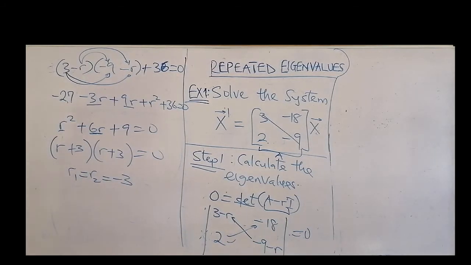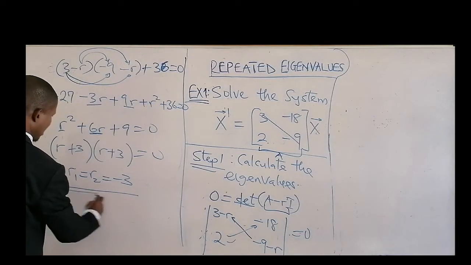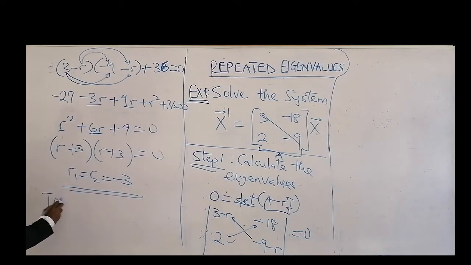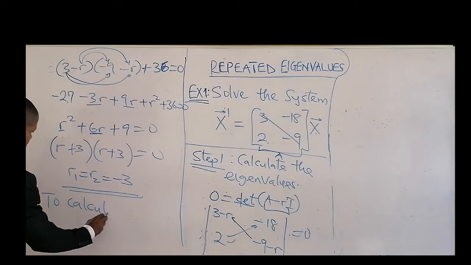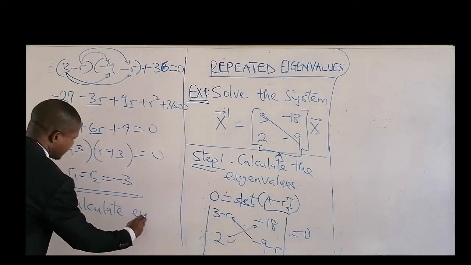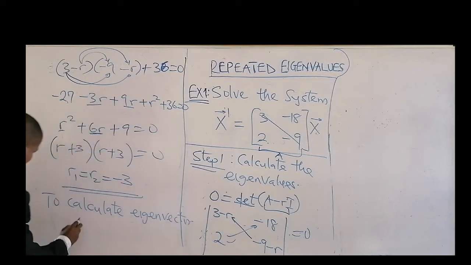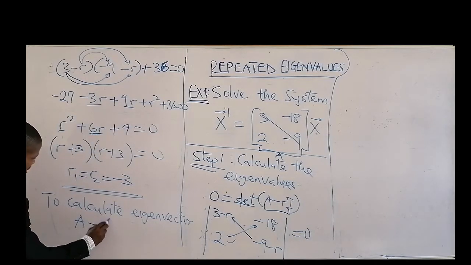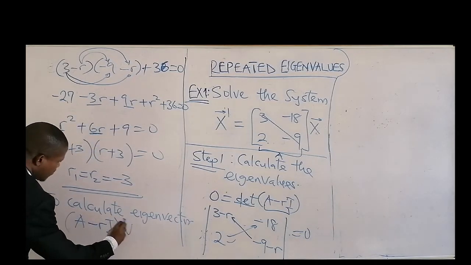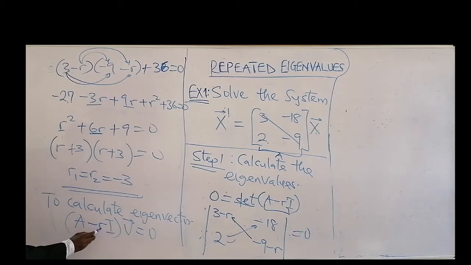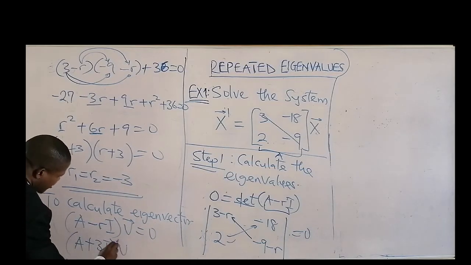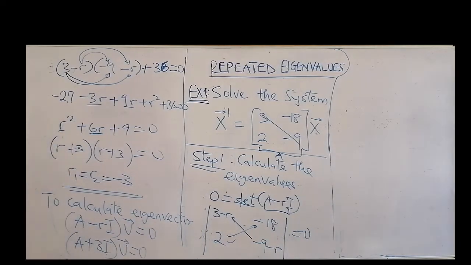So with this now, we can go straight to calculate the eigenvector. We solve this system, this is the formula, and we substitute here R equals minus 3, so that will be plus 3I, and this equals 0.